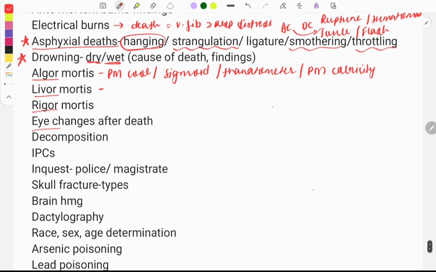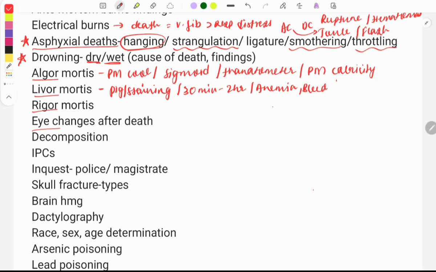Then livor mortis is the pigmentation, postmortem staining. In the dependent parts of the body, the blood will go and accumulate, giving this staining. Questions are asked like when does it start? It starts in 30 minutes to 2 hours and completes in 6 to 12 hours. In conditions like severe anemia and massive bleeding, livor mortis is absent, not seen.